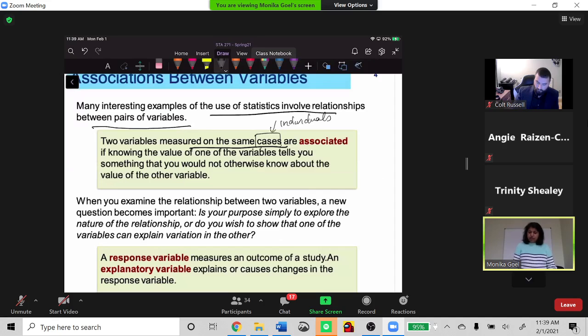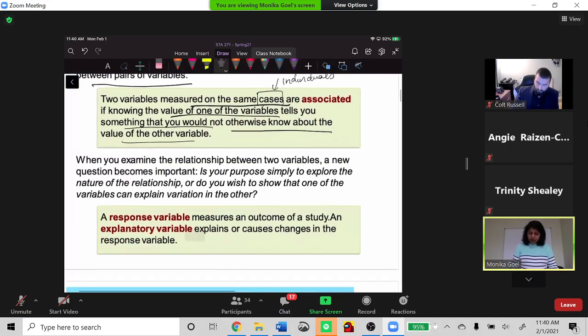So two variables measured on the same individuals are associated if knowing the value of one of the variables tells you something that you would not otherwise know about the value of the other variable. So if there is a relation, that means knowing one will help us to know about the second variable, then we are saying they are associated.